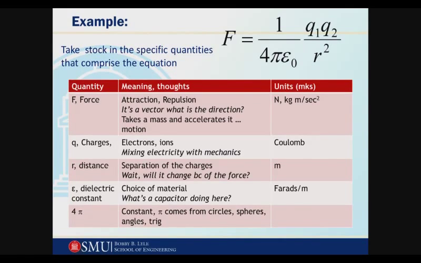Another quantity that's in there, on the right-hand side now, are the charges, Q1 and Q2. And these, in electrical engineering, are the electrons, the protons, or perhaps the ions. And what pops out of this, the relationship between F and electrical properties, is that in this equation we're mixing electricity with mechanics.